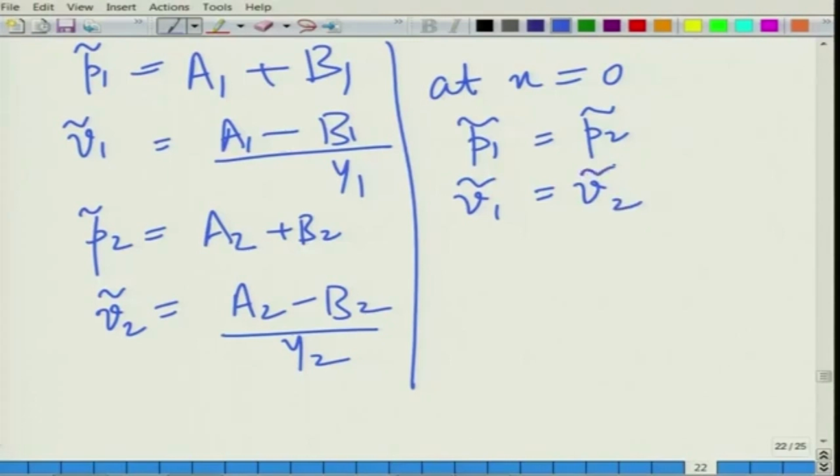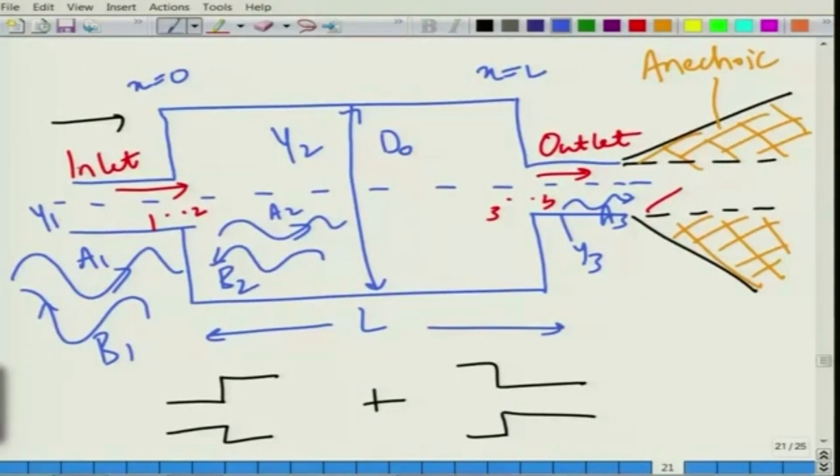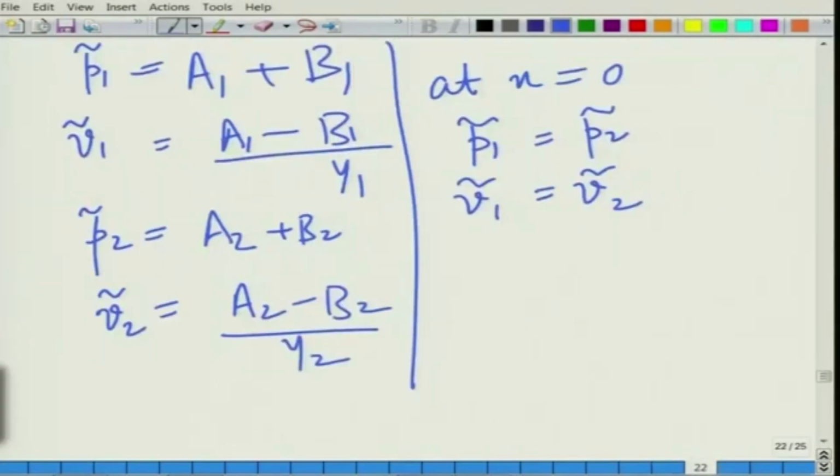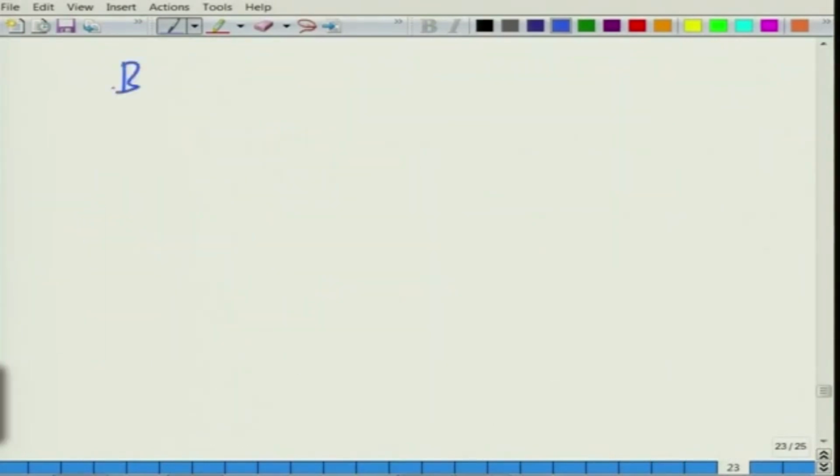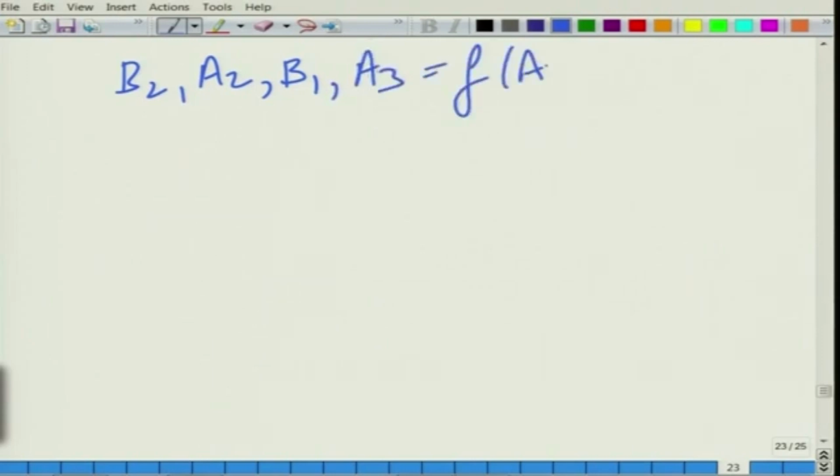So, what do we do after this? The entire idea then is to actually formulate a set of equations. Eventually, we would need everything in terms of A1. So, there will be A1, B1, A2, B2, A3 and B3 will be 0 if we assume anechoic termination, nothing is coming back. So, all the parameters, that is to say, B2, A2, B1 and your A3 will all be a function of A1.